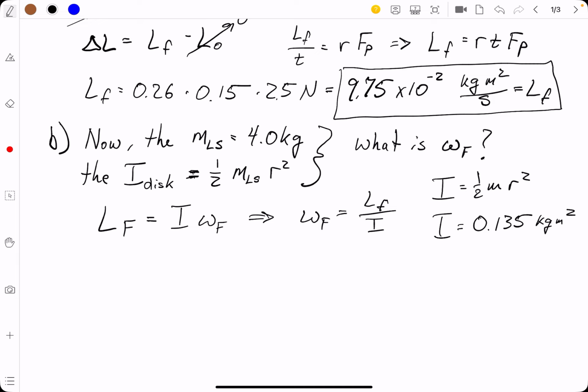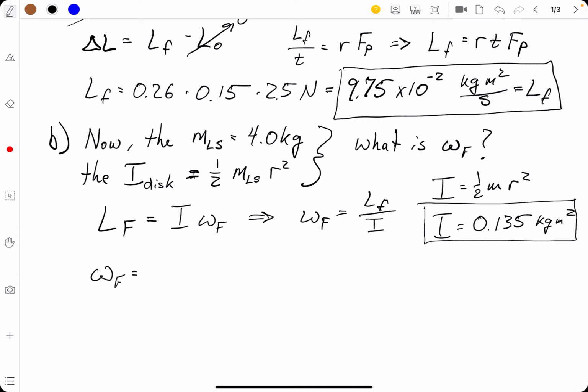Fine. Now we can plug those things in. So we've got our I here, and we've got our LF there. I'm gonna do the units this time. I don't normally do the units, but we're gonna knock it out and make sure we have the right units.